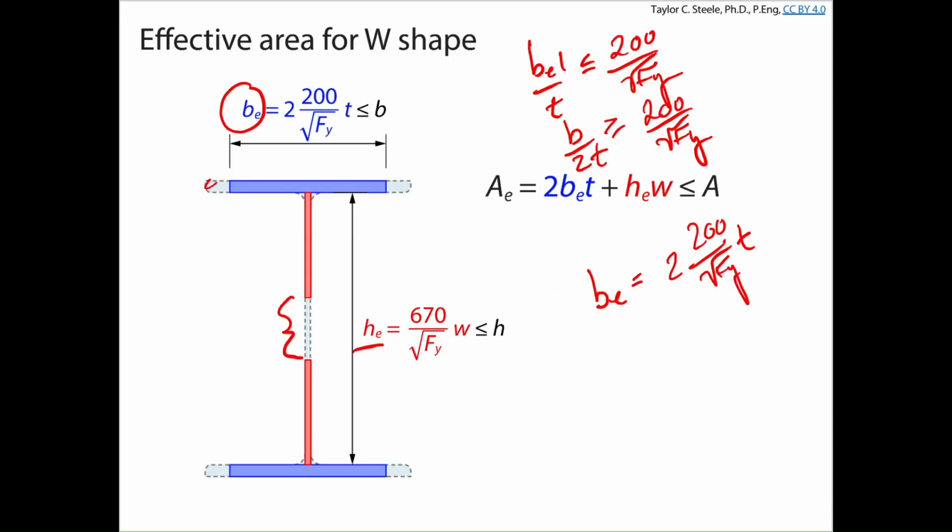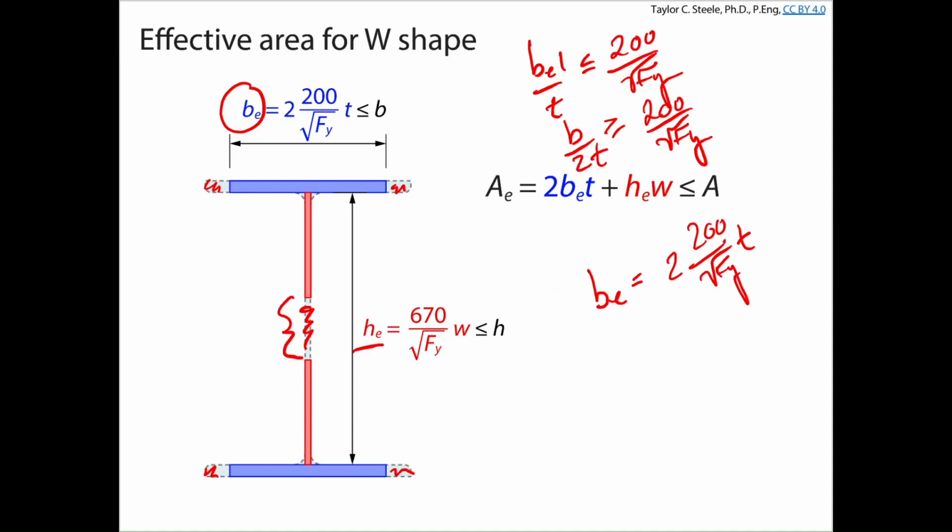Basically what we're saying is that because these elements are going to cause us some local buckling issues, we're going to ignore those parts of the cross-section and continue to use the AFy expression, but with this reduced area AE. Does anyone have any questions about that concept before I show you one other example?